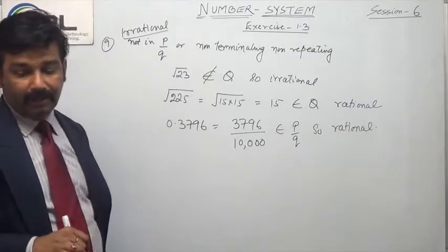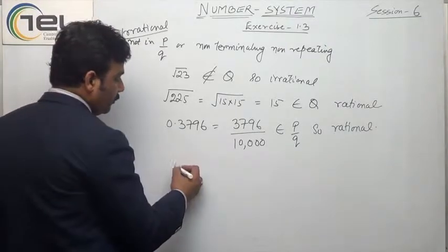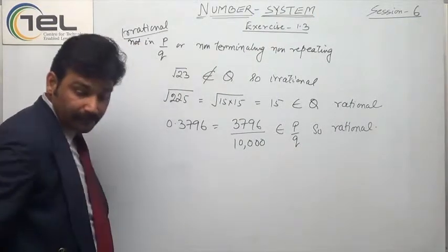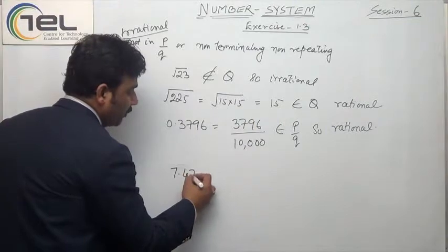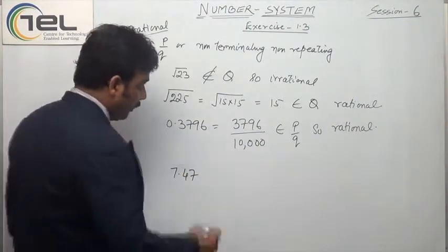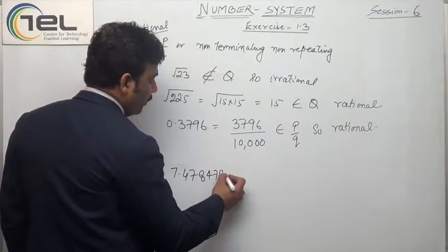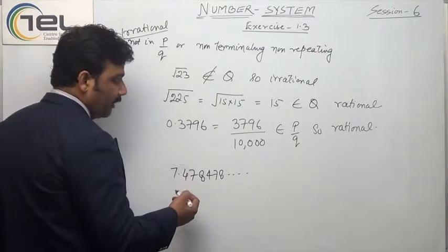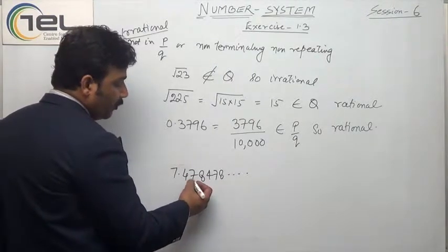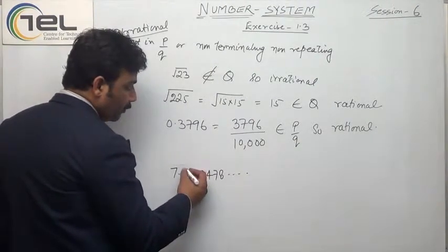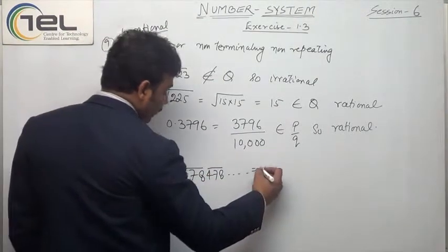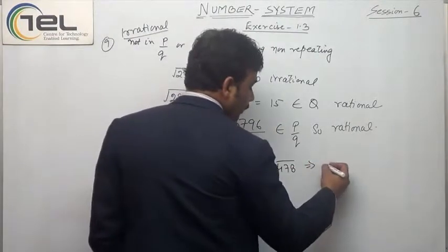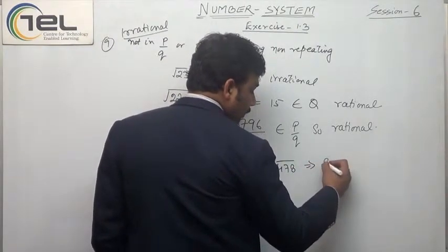Fifth one: 7.478478 and so on. Is it repeating or non-repeating? The block 478 is repeated, so it can be written as 7.478 bar. It is non-terminating repeating, so it is a rational number.